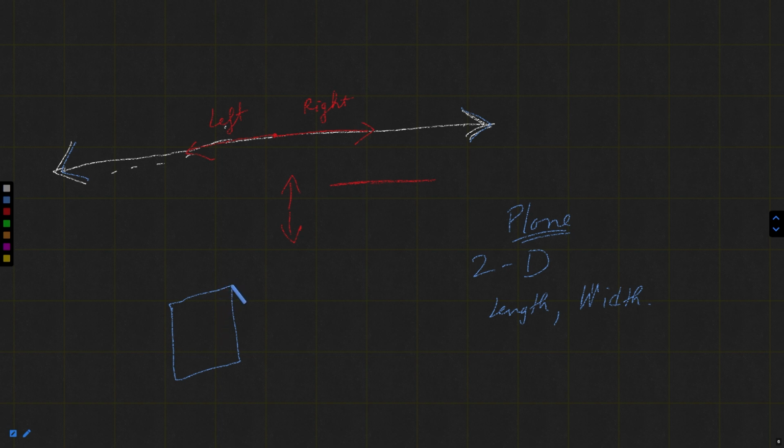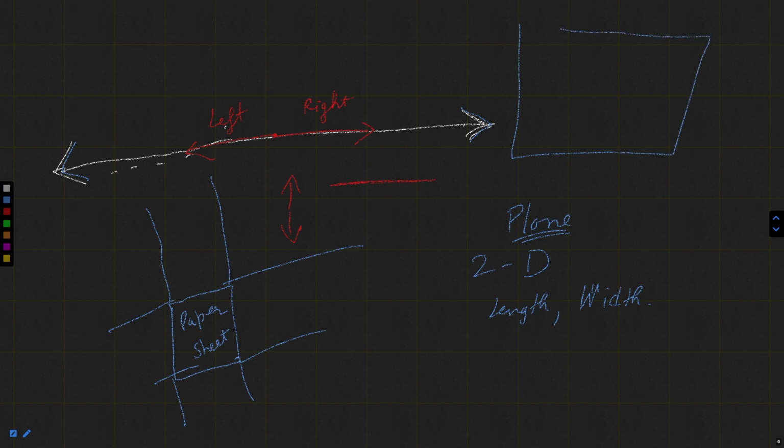If I extend this paper sheet from every side, it keeps going on, here it keeps going on. Or just imagine a big paper sheet that covers everywhere.